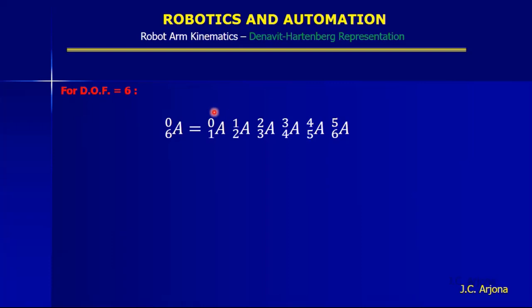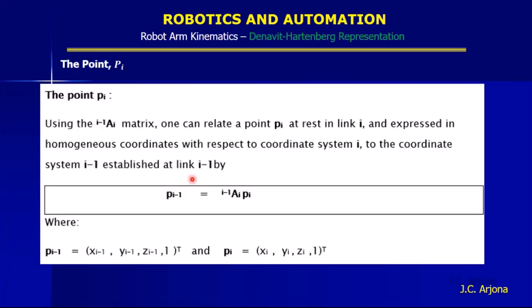Therefore, in each adjacent homogeneous transformation there will be 4 homogeneous transformations. So this is 4 times 6. There will be 24 matrices that will be evaluated to get the A6 to 0 homogeneous transformation.